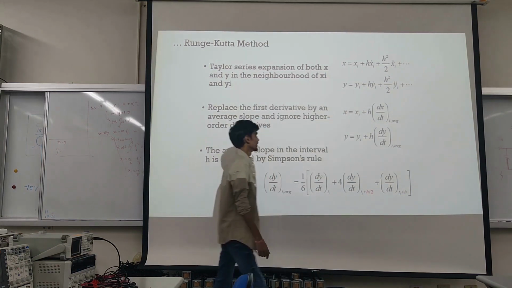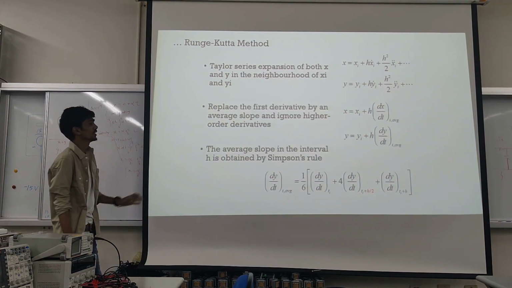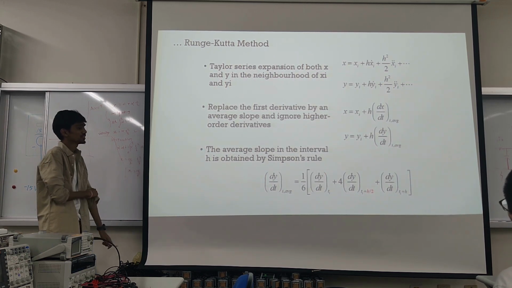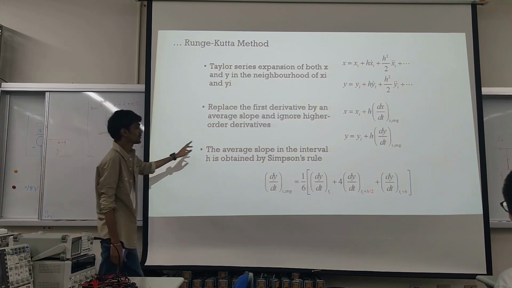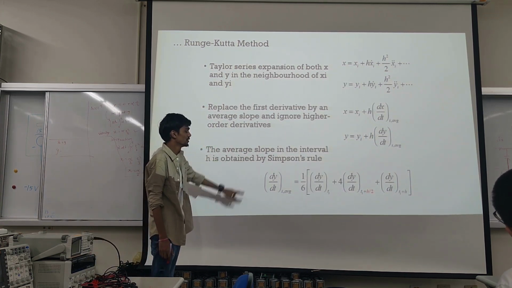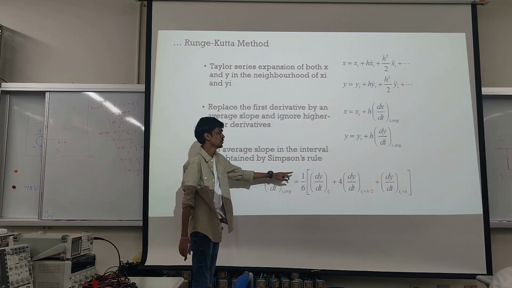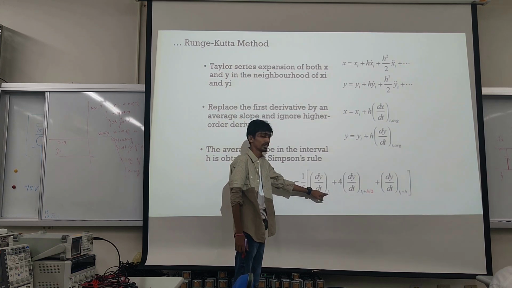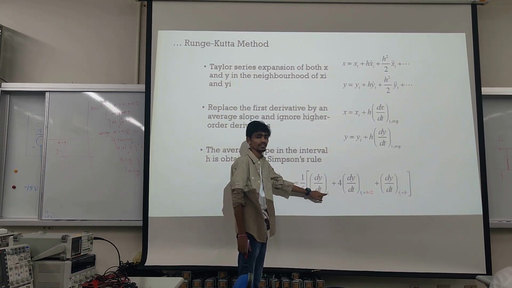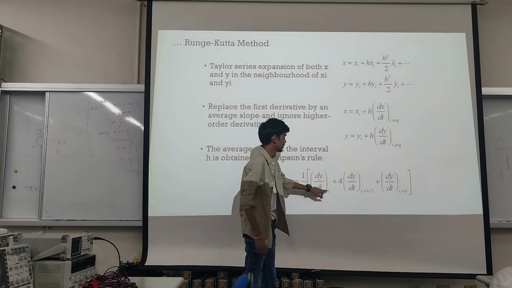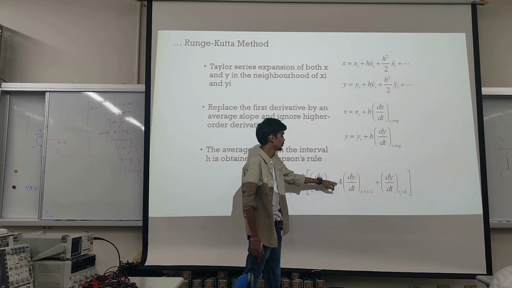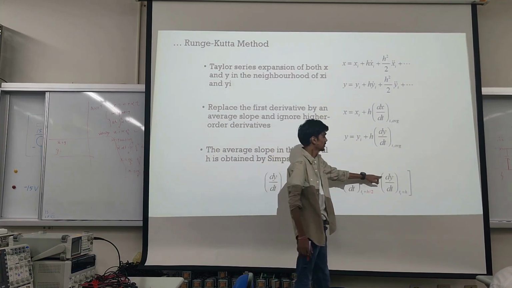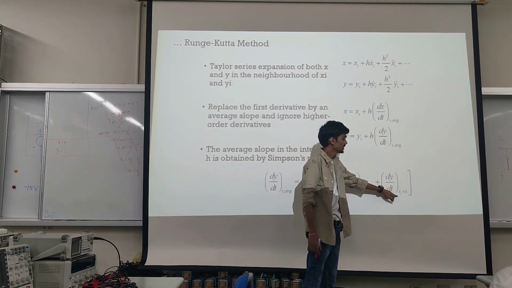This is a slope, and we are going to ignore the higher order derivatives. So the average of all these slopes over this interval, we can write in this form: 1/6 into dy by dt at time ti, I will explain how it is happening, plus 4 of dy by dt at ti plus h by 2, plus dy by dt at ti plus h.